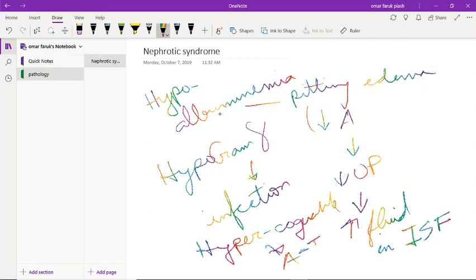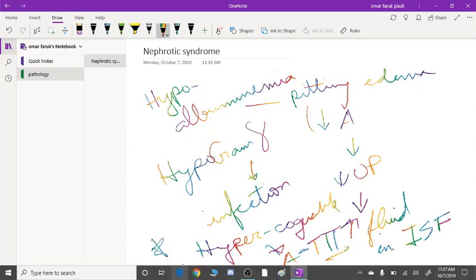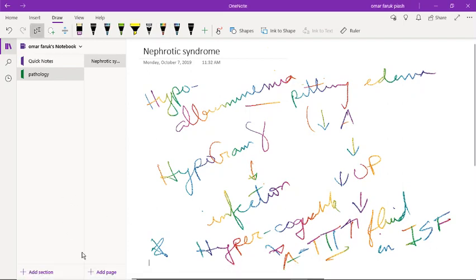Due to loss of antithrombin 3, that person might develop a hypercoagulable state.